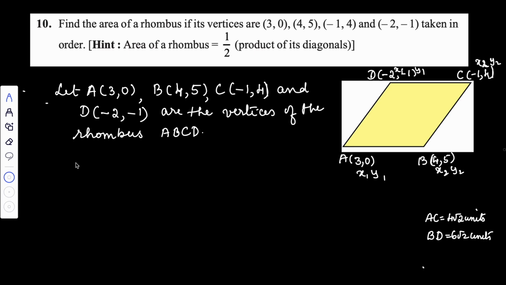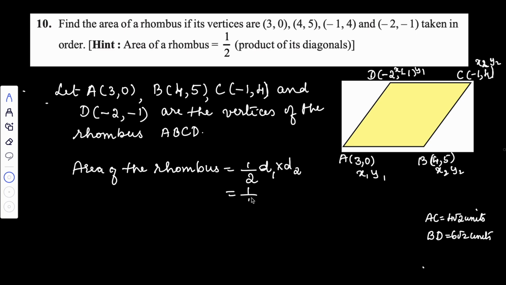Now we want to find the area of the rhombus, which is equal to half into diagonal 1 into diagonal 2, that is half into diagonal 1, I'll consider as AC, into diagonal 2 which is BD, and that is equal to half into AC which is 4 root 2 into BD which is 6 root 2.